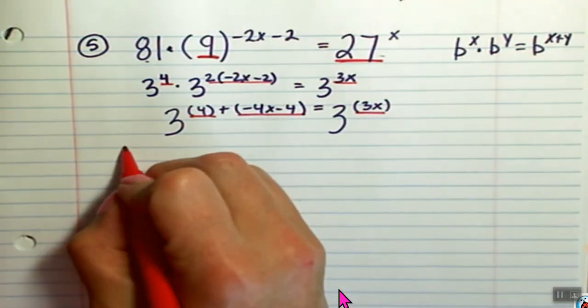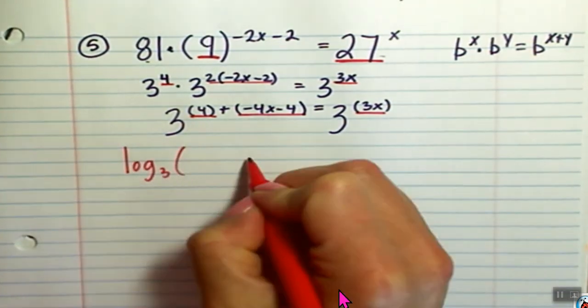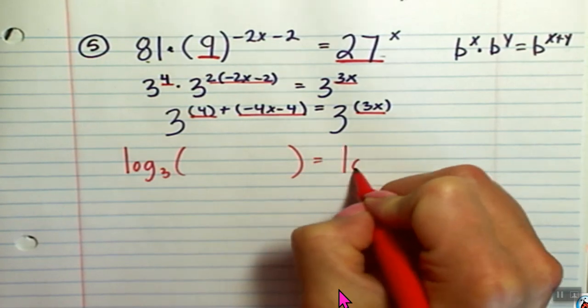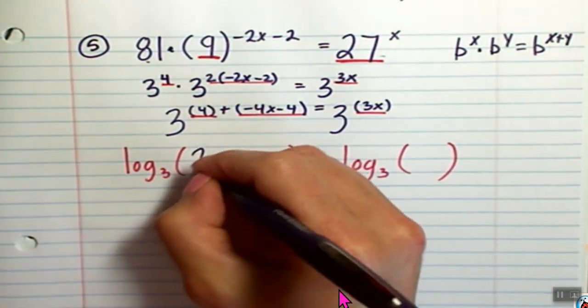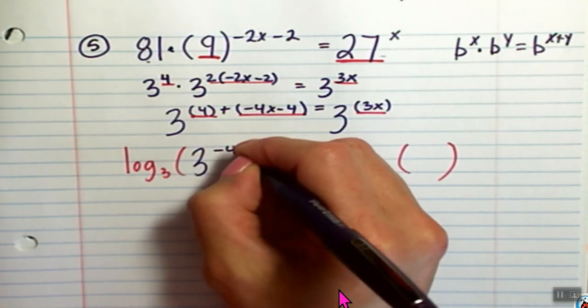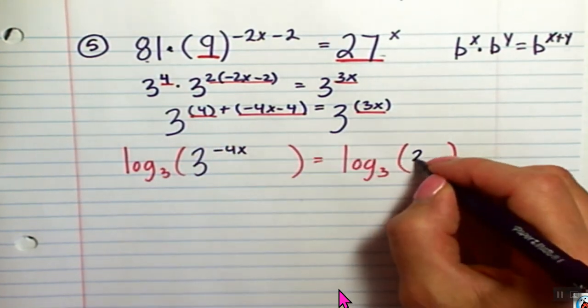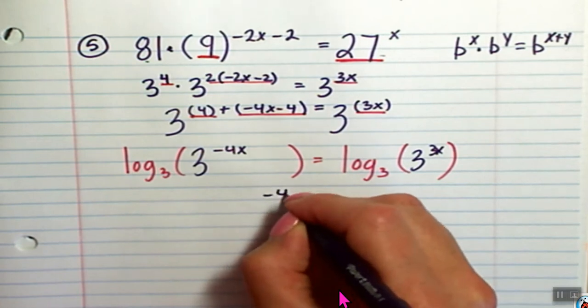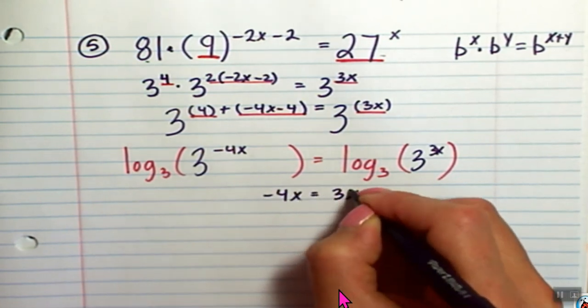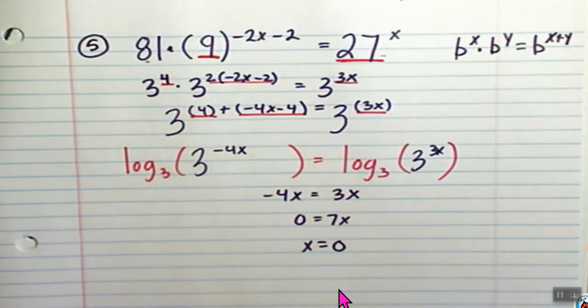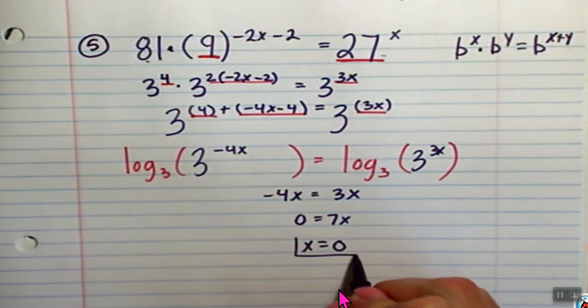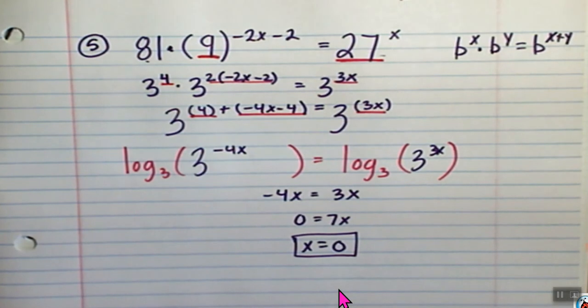Now I'm ready to log base 3 on both sides. X equals 0 is still an answer.